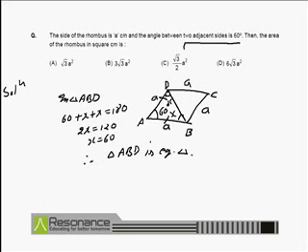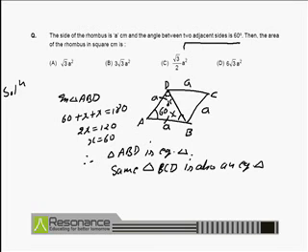In the same way, the triangle BCD is also an equilateral triangle. So we know that the area of an equilateral triangle is root 3 by 4 times side square.